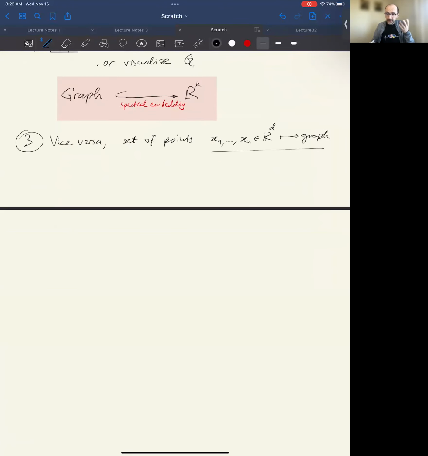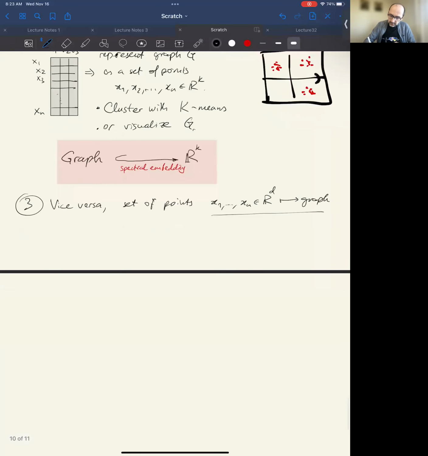How? There are two ways to do this. If we have points like this, what we can do is just connect the points that are close to each other, like that. So I'm literally building the graph in real time for you. This is called the neighborhood graph.